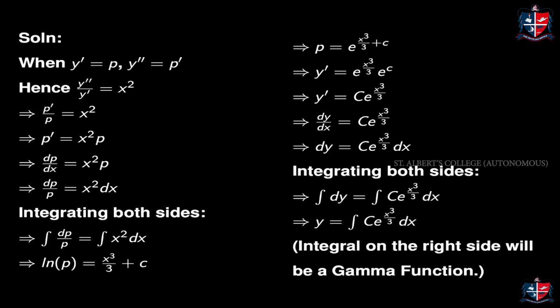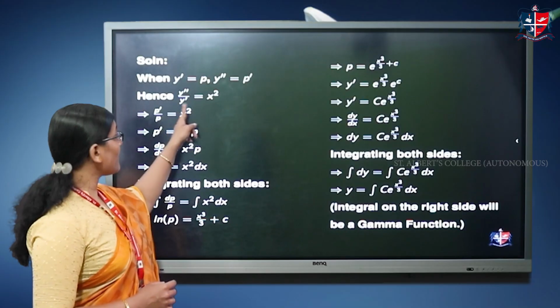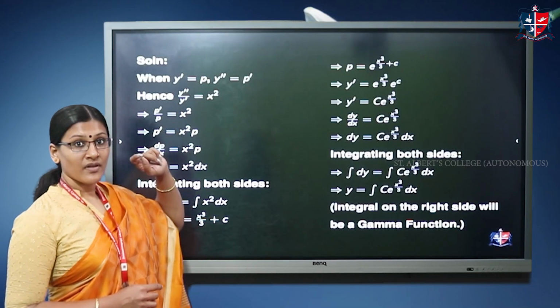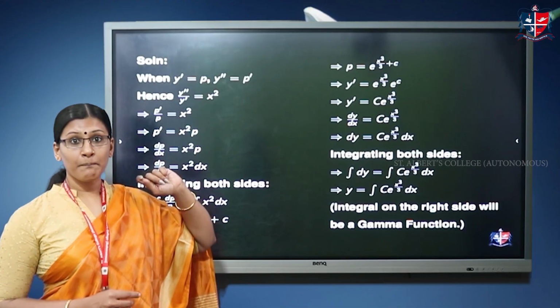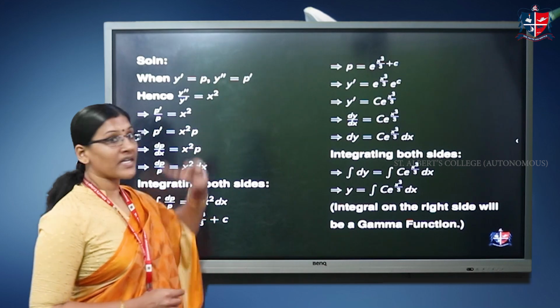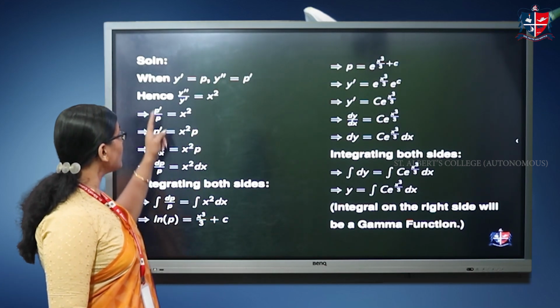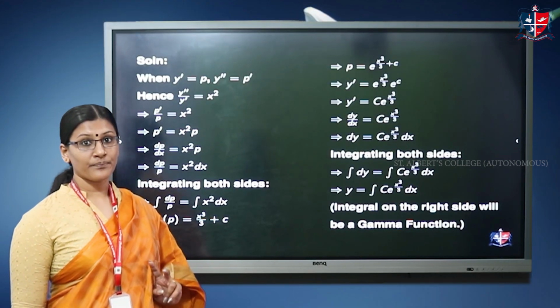As said in the question, we will make the substitution y dash equal to p. Our question is y double dash minus y dash equal to x square. For y dash we substitute p, so automatically y double dash becomes p dash. So this equation becomes p dash minus p equal to x square.